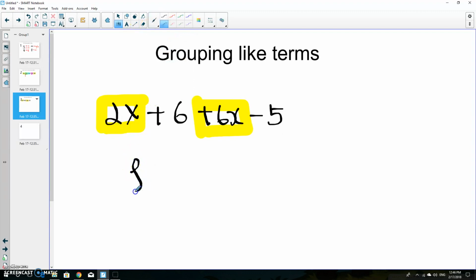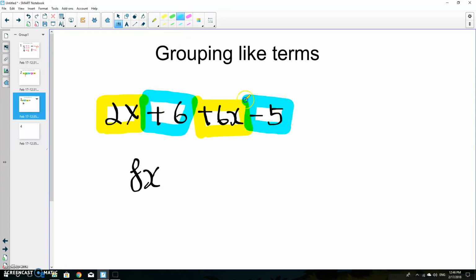So that's what I mean by grouping like terms. And of course, the other like terms will be this 2, then you have a positive 6 minus 5. When you read that, it's positive 6 minus 5. You're going to get yourself a very nice 1, a positive 1. And therefore, grouping like terms is also a key.